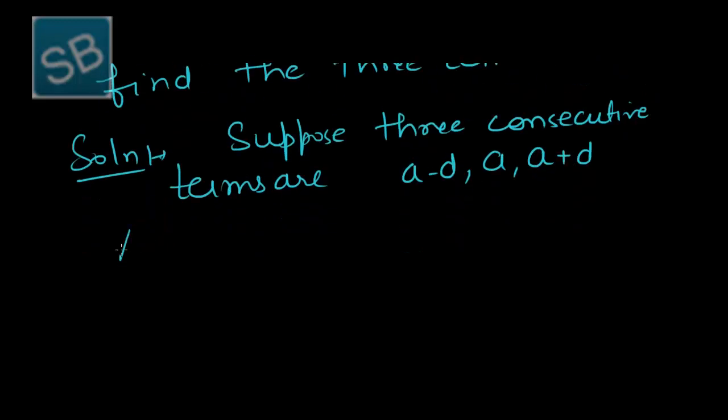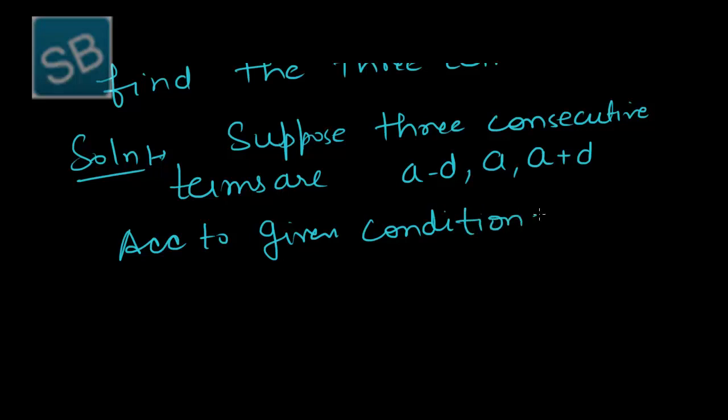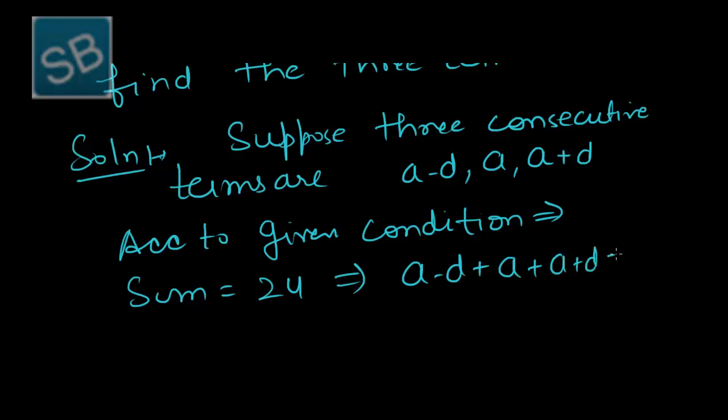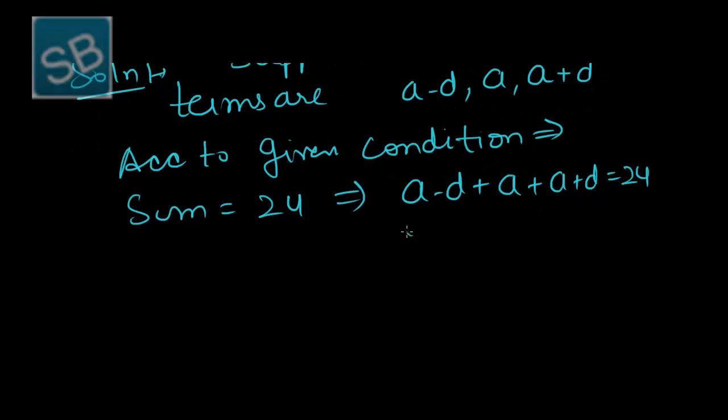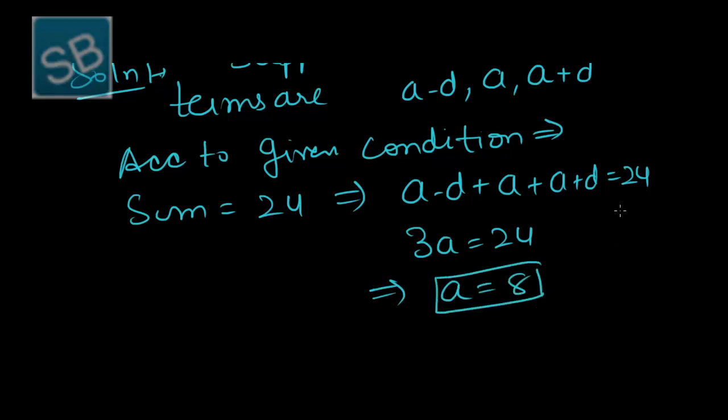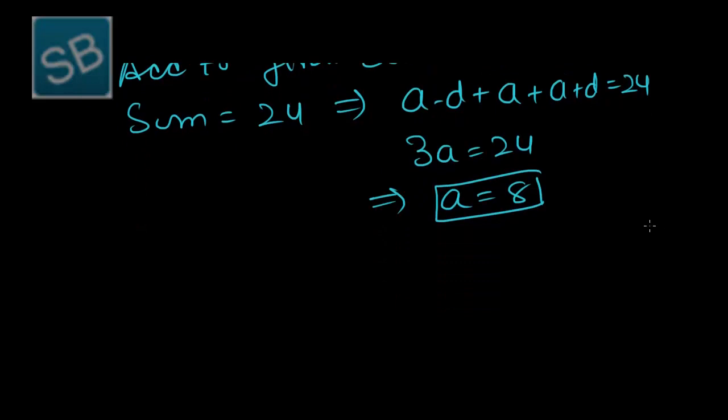According to the condition, the sum is 24, that is A minus D plus A plus A plus D is equal to 24. D and D cancel out. We get 3A is equal to 24, that gives A is equal to 8. Here A is the middle term.